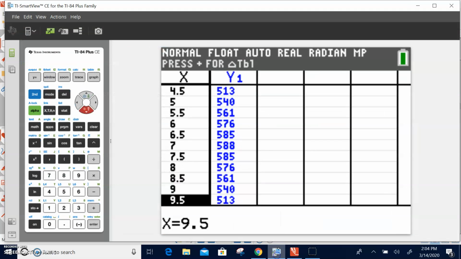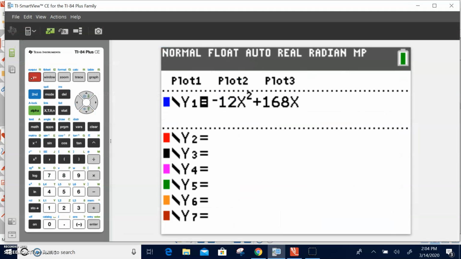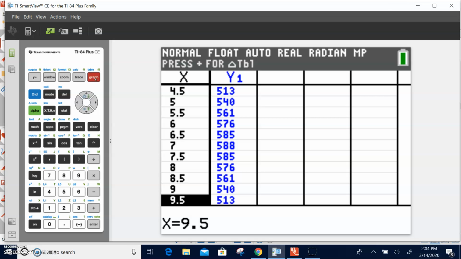So I already did that. I typed it under y equals. Looking at my table, I wanted to find values when x is, or in this case p, is 5, 7, and 9. So I see 5 is 540, 7 is 588, and 9 is 540.